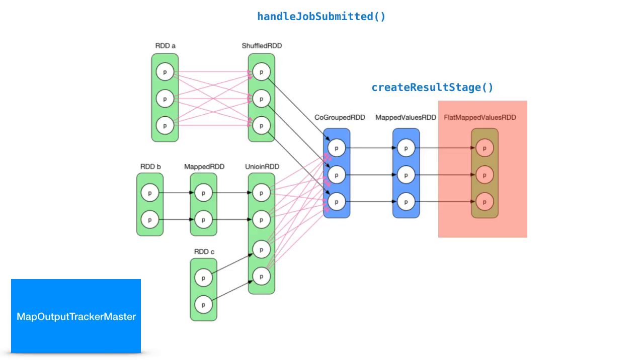A physical plan doesn't consist of RDDs and partitions anymore. It consists of stages and tasks. The first thing we do is add a new stage, and then we go backwards, scanning the dependencies, the parents of each RDD, and add them to the same stage if they have a narrow dependency to the child. Here we have only narrow dependencies, so we can pipeline all those map stages, one-to-one dependencies, together.